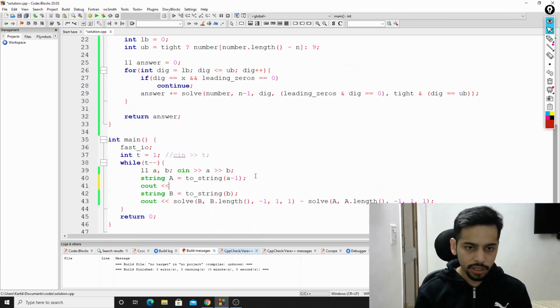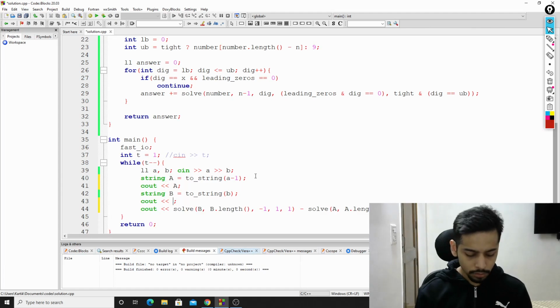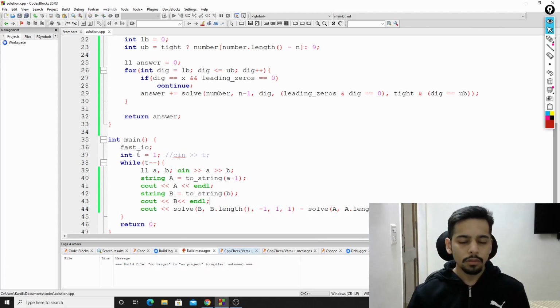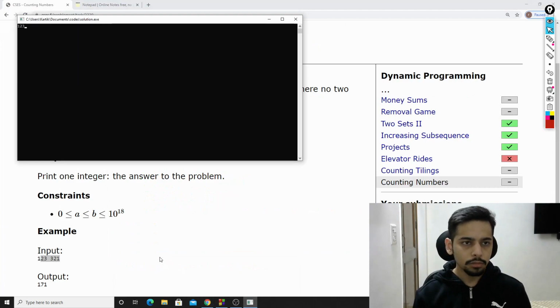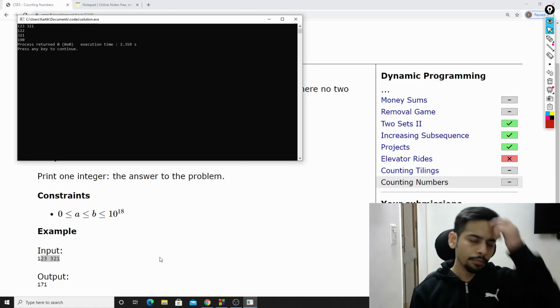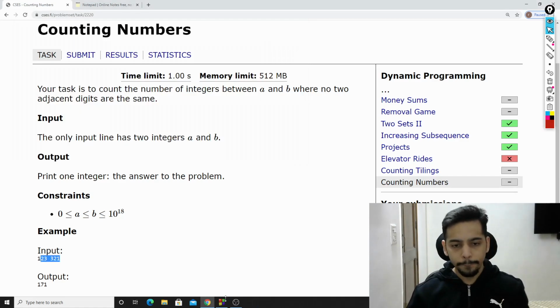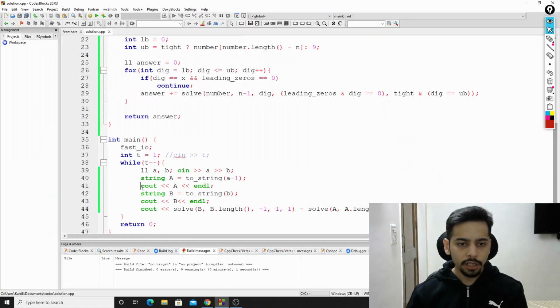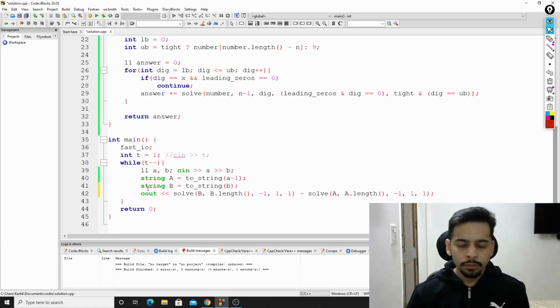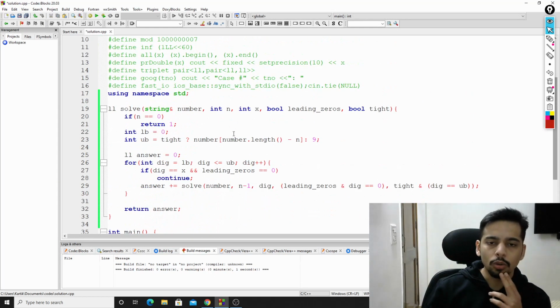Let me print out the string A and also the string B. Okay, that's all right. Then there has to be some error in the code, I guess. So what could be the error in the code?